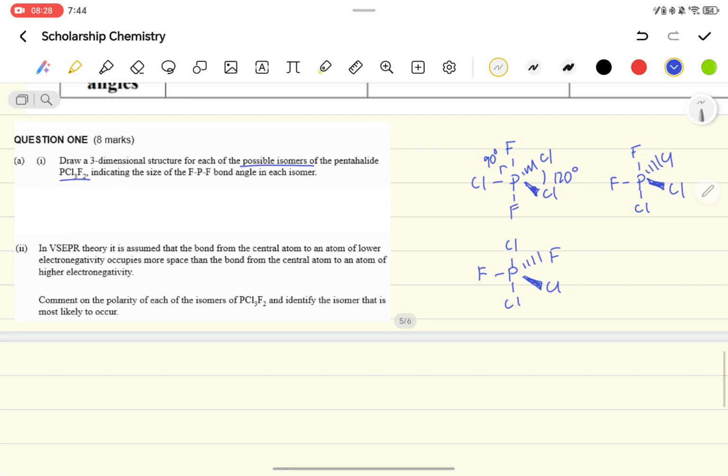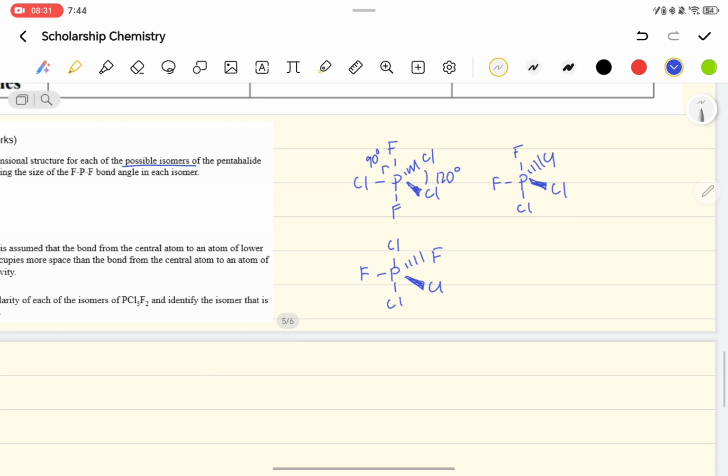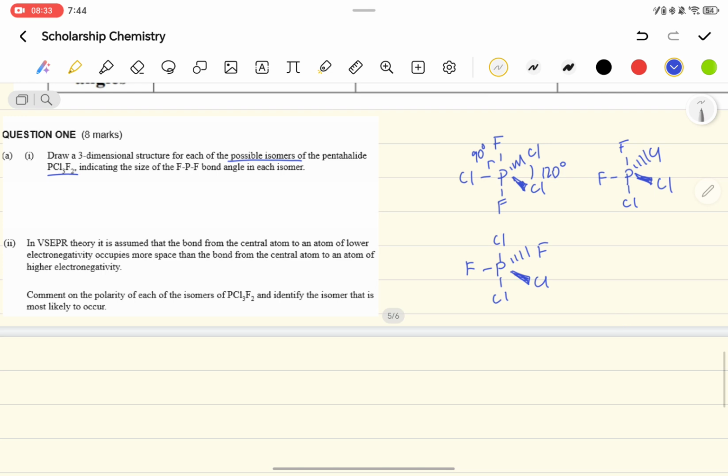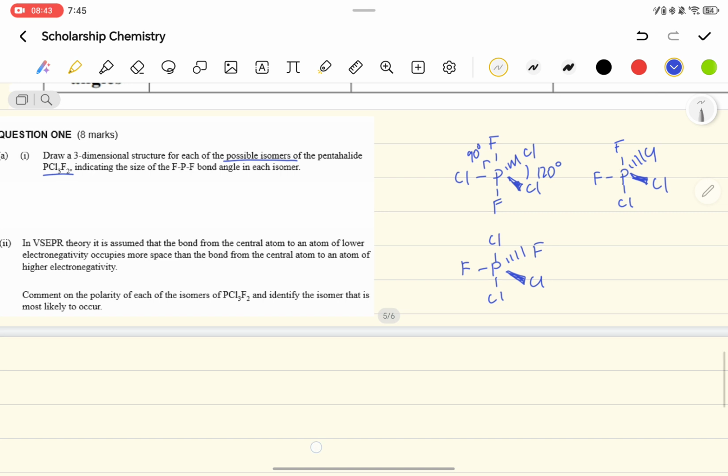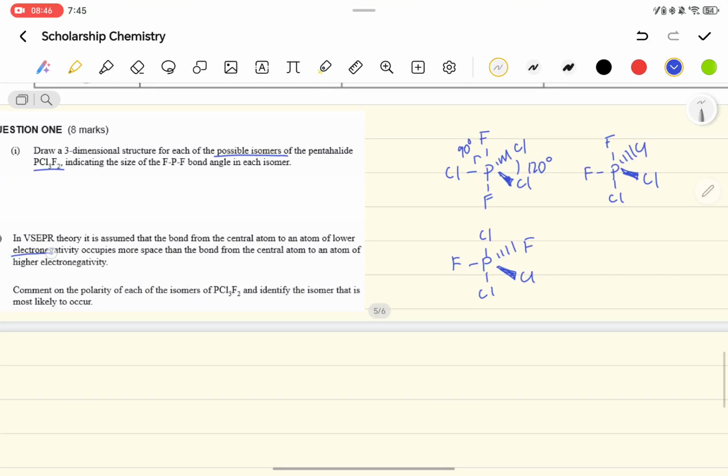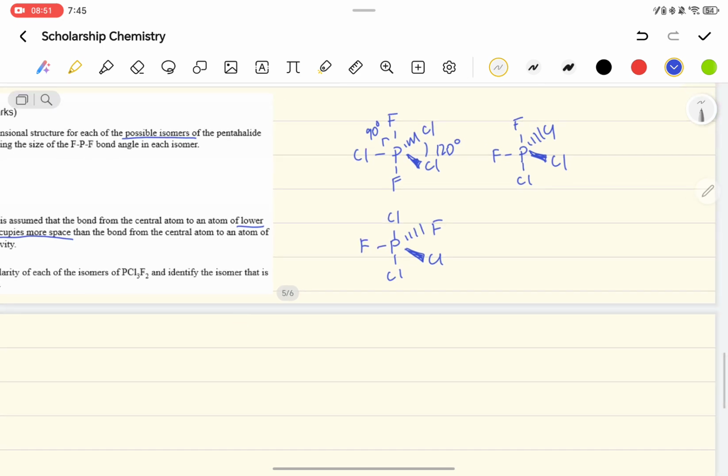The isomer that is most likely to occur is the isomer that has the highest stability. It is said that chlorine will occupy more space than fluorine, because chlorine has lower electronegativity, right? So it occupies more space. If chlorine occupies the axial positions, then its bond angle is only 90 degrees, versus if it's at the equatorial positions, its bond angle is 120 degrees.